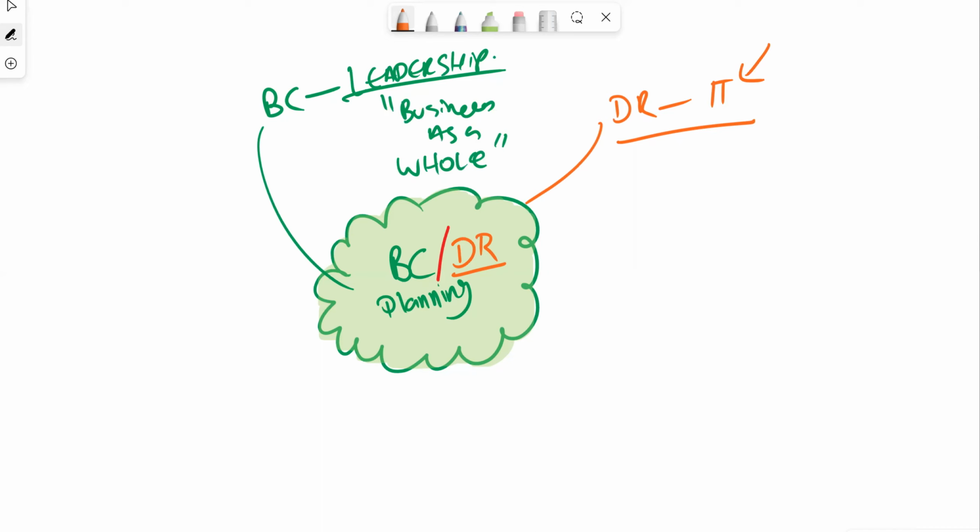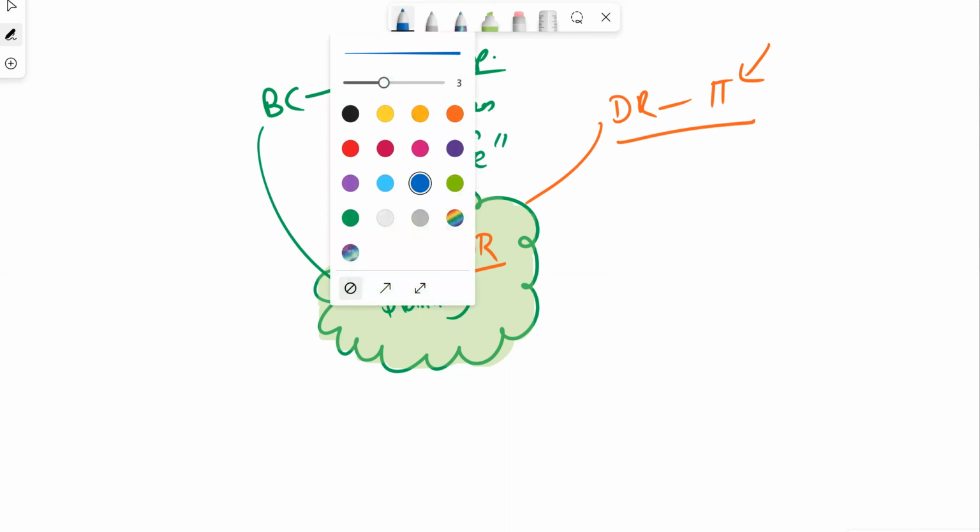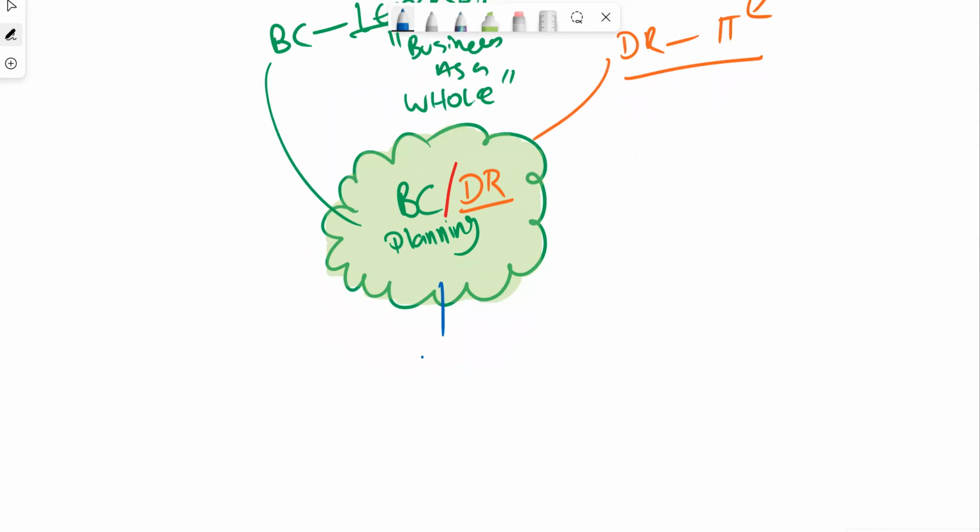Now, how are these interlinked? Both start with one theme. They are both linked by something called a BIA, a business impact assessment or business impact analysis. During our BIA, we identify a couple of things.